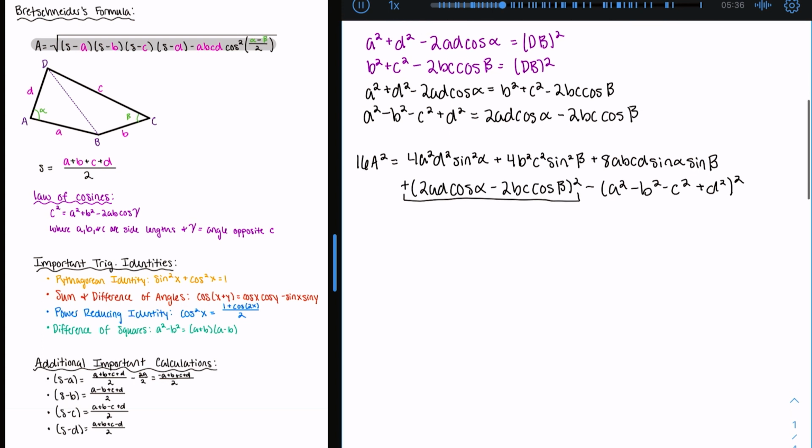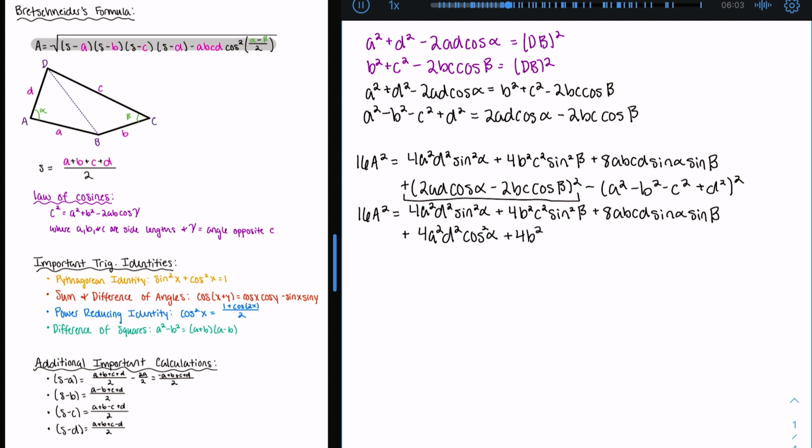And when I do that, I get all of this plus 4a squared d squared cosine squared of alpha plus 4b squared c squared cosine squared of beta plus 8abcd cosine of alpha cosine of beta.